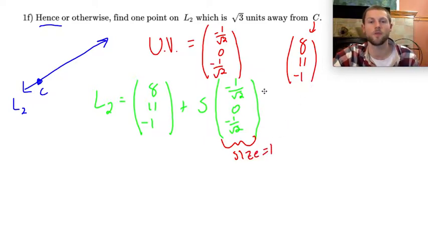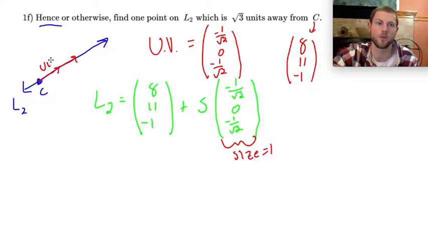Now, why is that helpful? Well, if I wanted to move 1 unit away from the position of point C, I would just have to use an s value of 1, since I would be moving 1 unit length away from this point here. If I wanted to go 2 units away from point C, I would add 2 unit vectors.